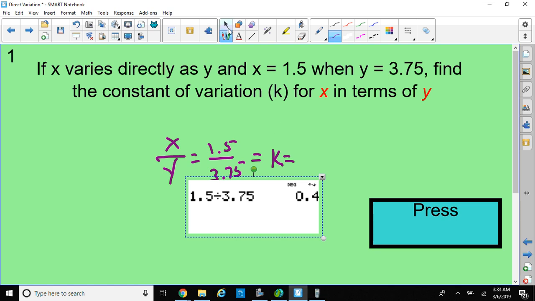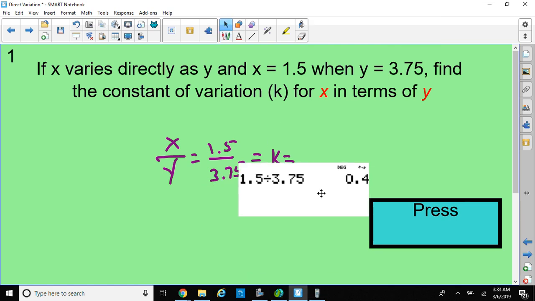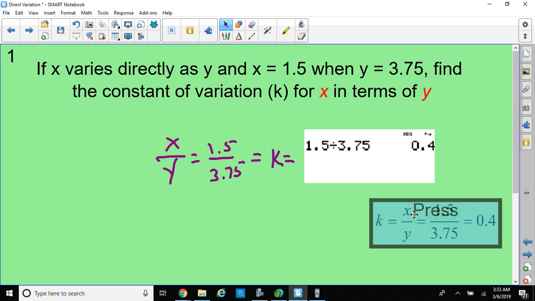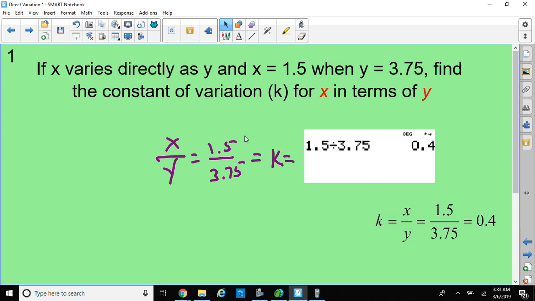And so 0.4 is our k value. And there it is. So I hope you got that. So again, the constant of variation is just a special fraction, and they tell you what order they want it in. So in terms of y, so the first term over the second term.